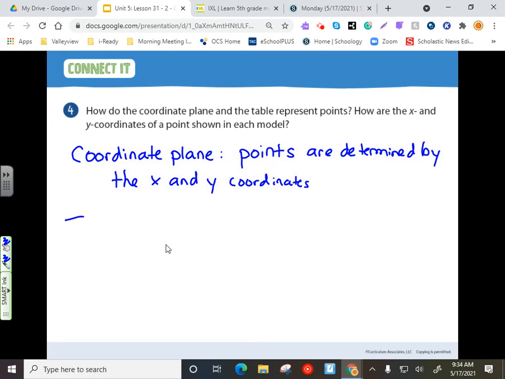The table is a little different. Coordinates are shown by row. Just 2 different ways to do it.